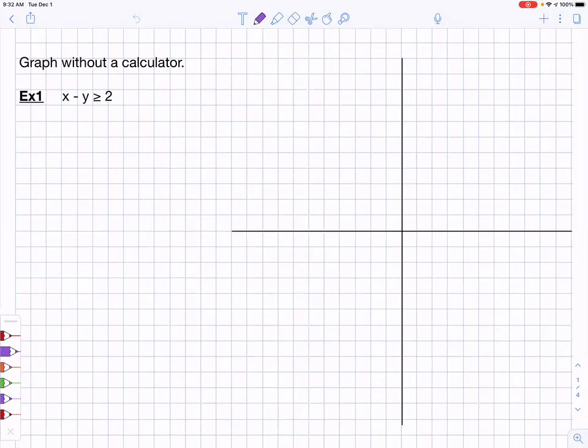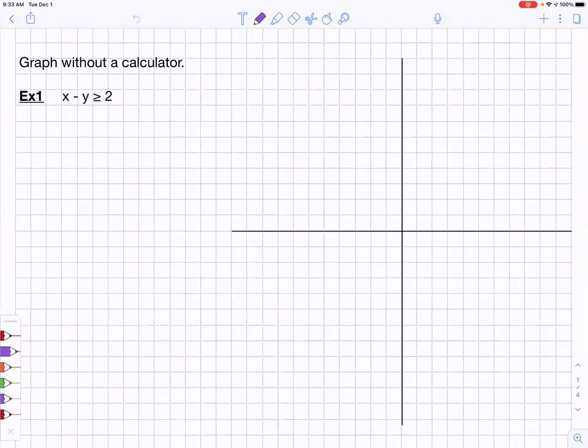All right, so we're gonna graph here without a calculator. If you pretended that this had an equal sign instead of a greater than or equal to, what kind of figure would it be? It would be a line. And how do we know it's a line?